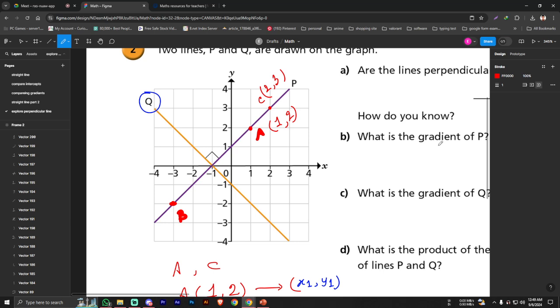Y1 is 1. Negative, okay, so then x2 is negative 3. Substitute.